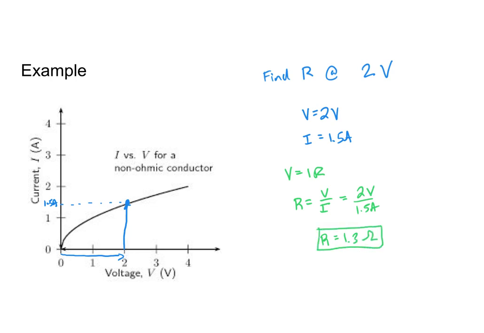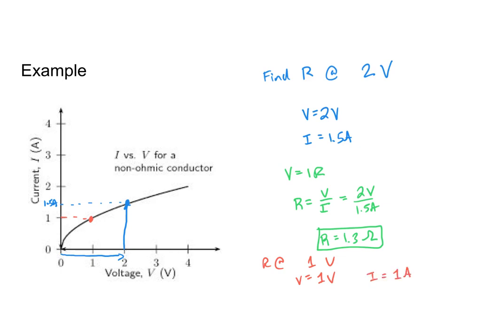Now, if I was to do the same thing at 1 volt, I would get a different resistance. So looking over at 1 volt, I can see that my voltage is 1 volt and my current is 1 amp.